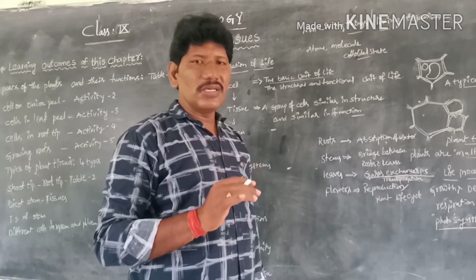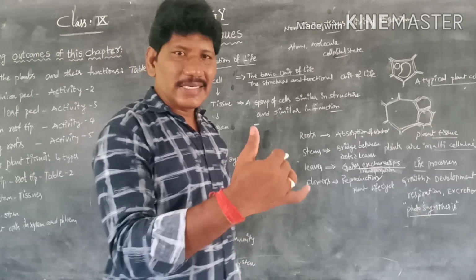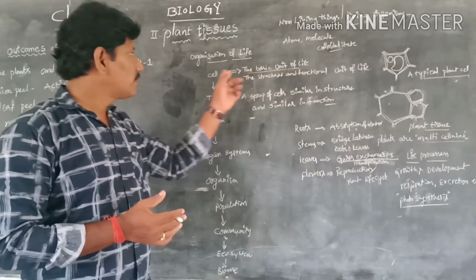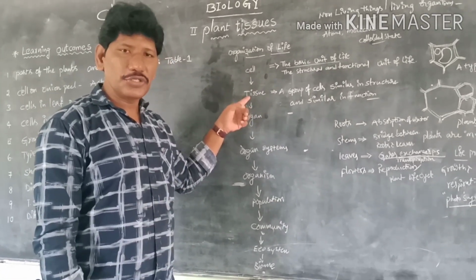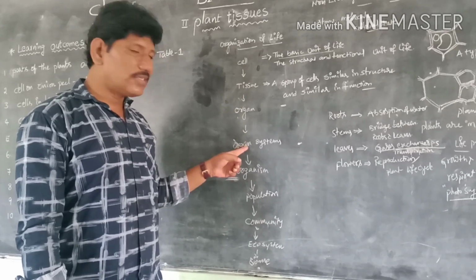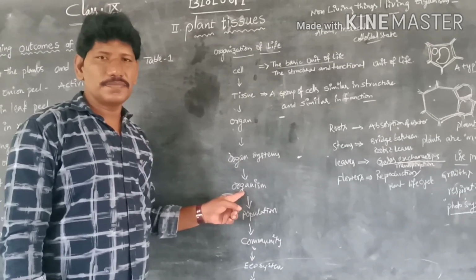Whereas living organisms can be extended to higher levels like this: cell, afterwards a group of cells, that means a tissue, next organ systems, and finally an individual organism.